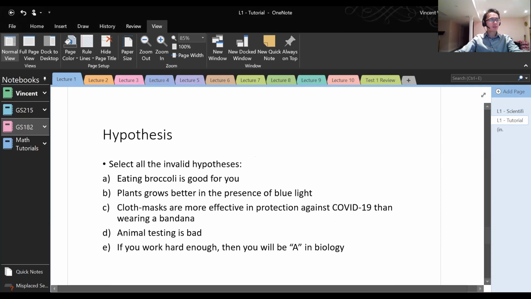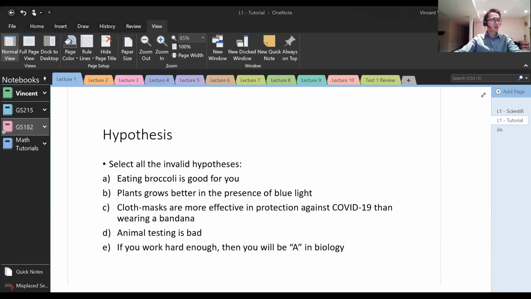This one is about hypothesis. Let's do that as well. This one is an example of a multi-select question.